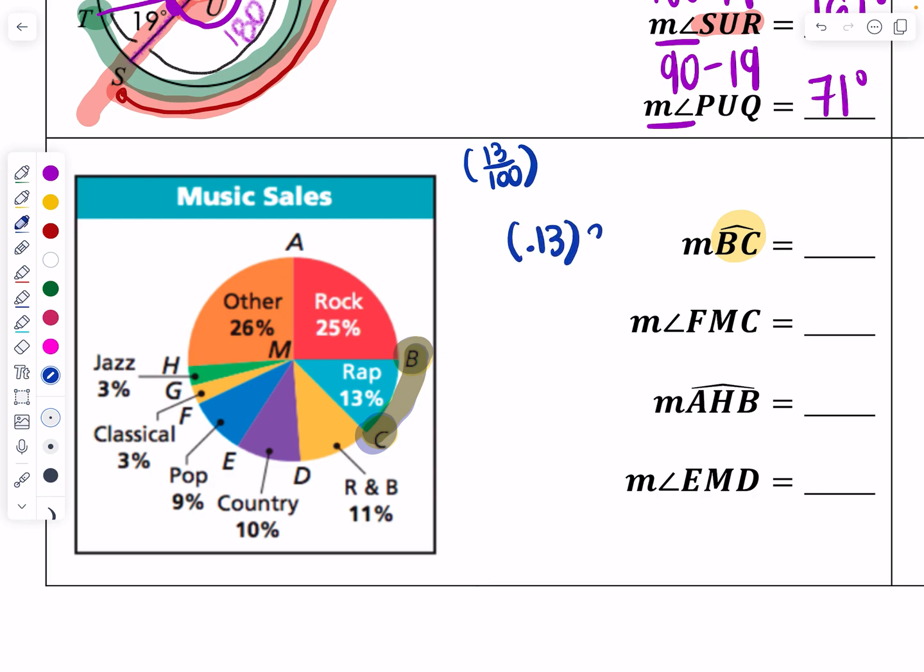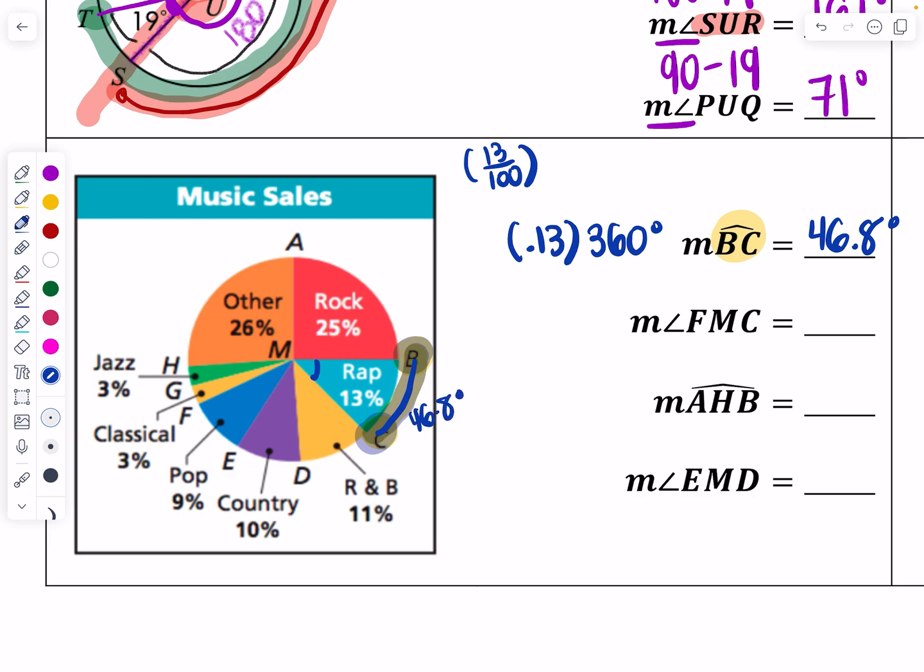So we're trying to figure out what is 13% of 360 degrees. You can either do 13 divided by 100 and then multiply that by 360, or you can just type in 0.13 times 360. What is the central angle and the arc going to measure? It is going to measure 46.8 degrees. So this is a 46.8 degree angle.